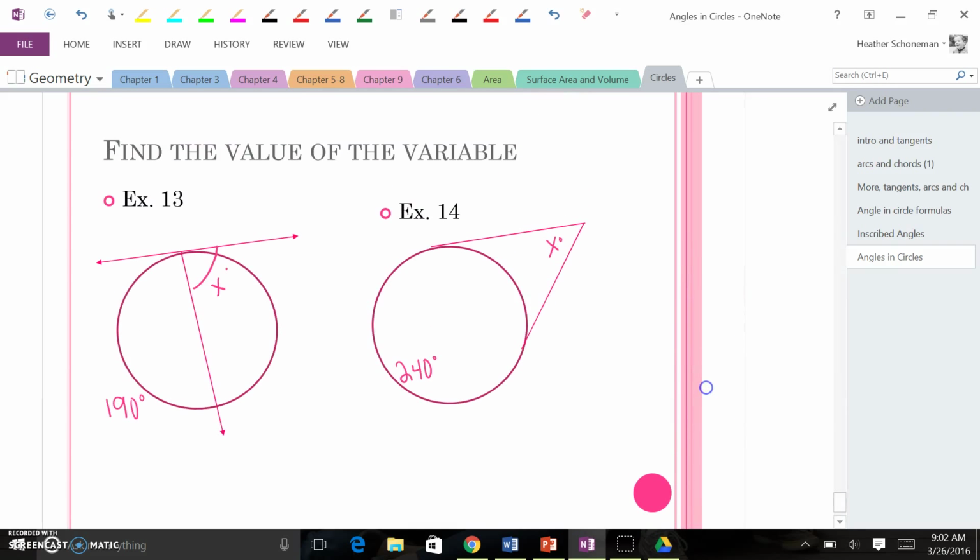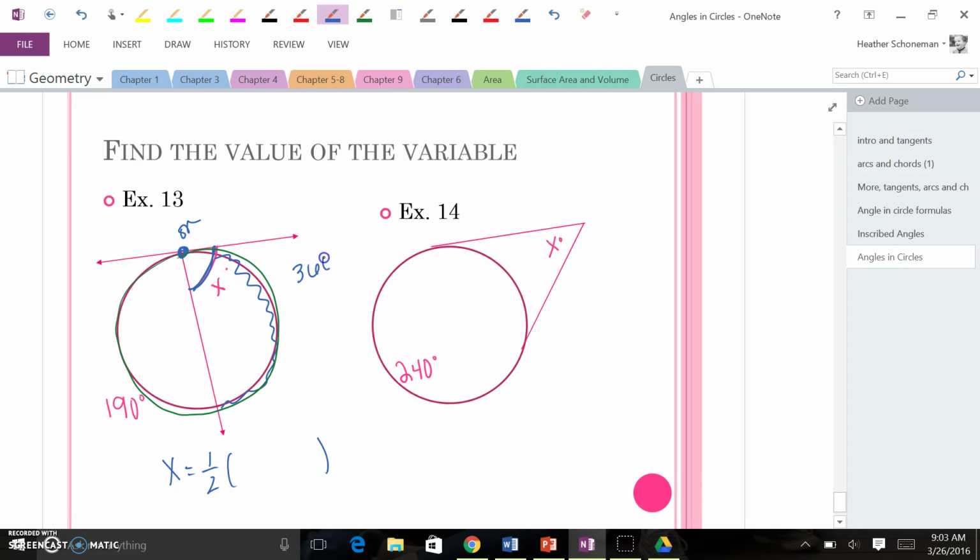Alright, last two. Example 13. The vertex is on the circle. So when it's on the circle, the angle, which is closest to the vertex, x, equals 1/2 of the intercepted arc. Here's the intercepted arc. We weren't given that arc, but we can figure it out because, you know, all the arcs in a circle have to add to 360.